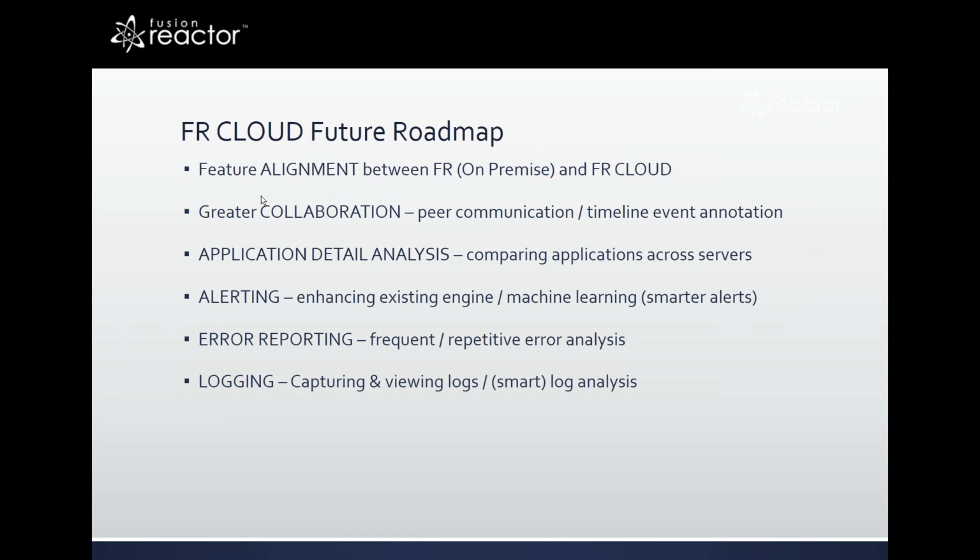For example, if under normal circumstances you do get some errors, but then suddenly you start getting more and more errors of a specific type, we'd pick that up straight away and highlight it, draw your attention to it, and you'd see that in the cloud dashboard. So that's the error reporting.